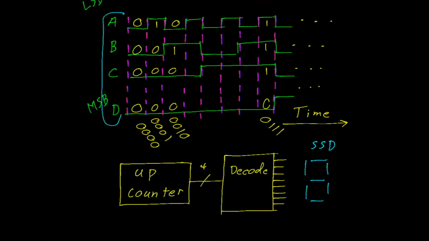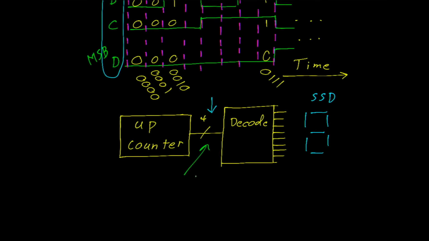Back to this vector, D down to A, we see that right here. The up counter in 4-bit binary will send a count to the decoder, which will then drive the 7-segment display. So it could run from 0 all the way up to hex F. So we would say these 4 wires count from 0, 0, 0, 0 to 1, 1, 1, 1.